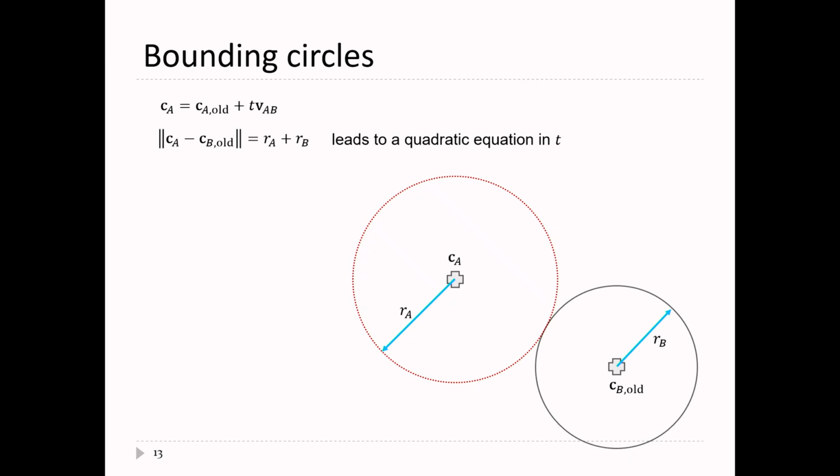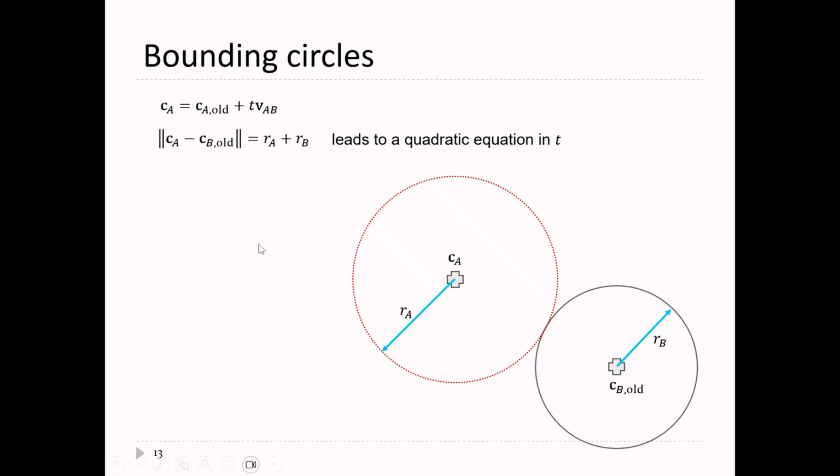And so you have something times T squared, plus something times T, plus a constant equals (R1 plus R2) squared. So it's just a quadratic equation in T, which you can solve with the quadratic formula. You throw out the negative root if there is one, and that gives you your time. So it's not hard to do, but you do have to solve a quadratic equation in this case.